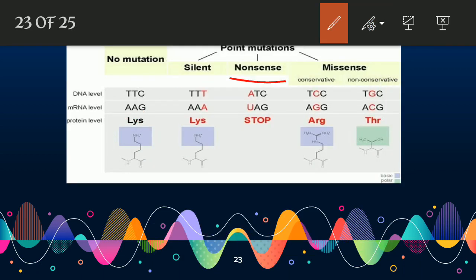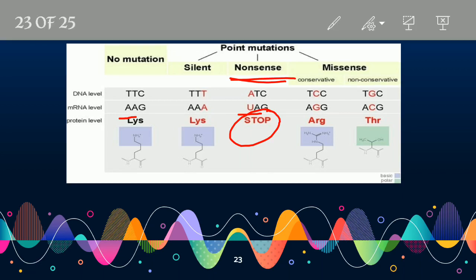Next is nonsense. In this, there is a single nucleotide change from A to U. A stop codon is generated, so we see that UAG is a stop codon, so this mutation leads to the formation of a stop codon, and thus the translation gets terminated. So premature termination of the chain may at times be incompatible with life.